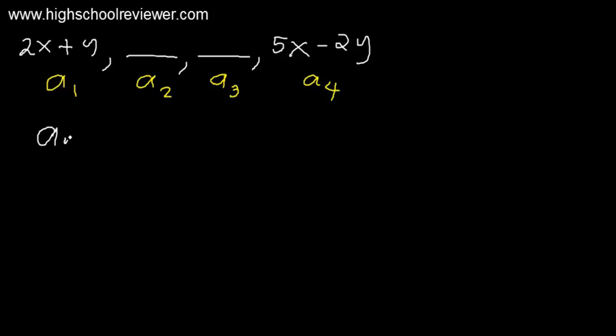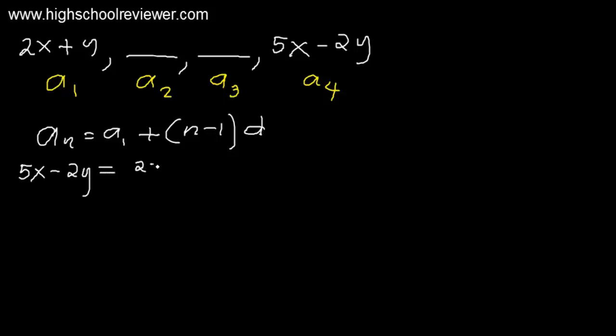And then we are going to use the equation A sub n is equal to A sub 1 plus n minus 1 multiplied by D. So for our A sub n, we are going to use A sub 4. Our A sub 4 here is 5x minus 2y. Our A sub 1 is 2x plus y.